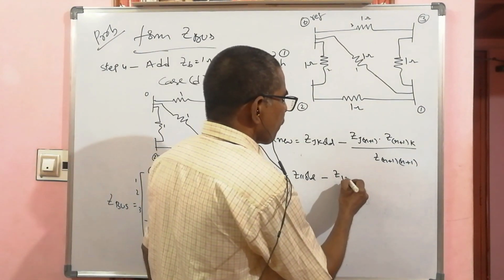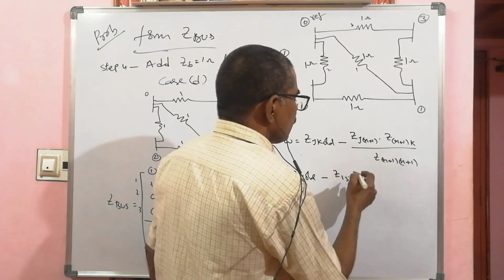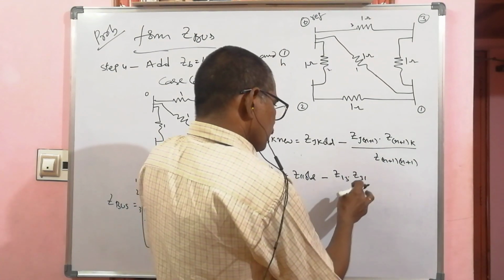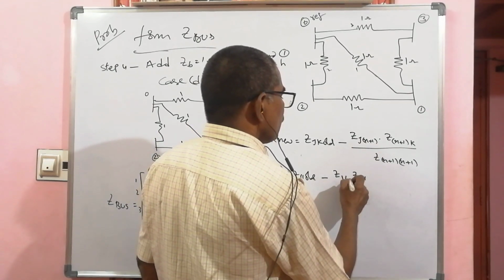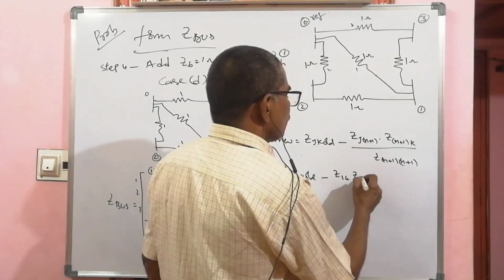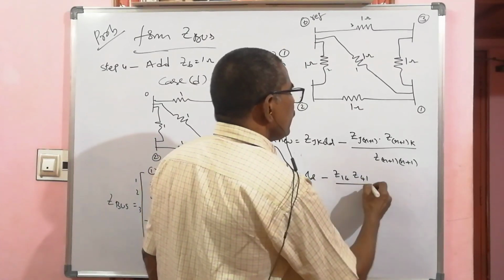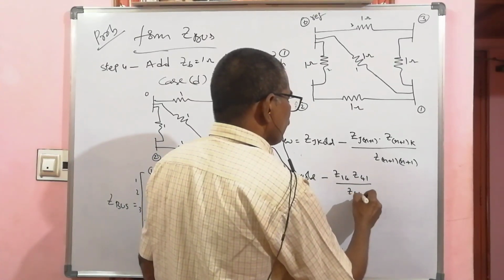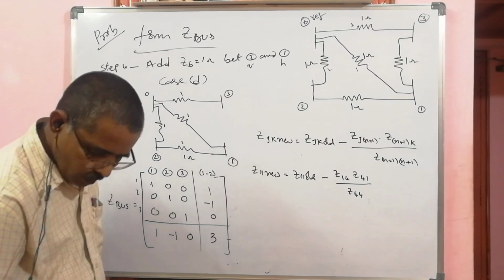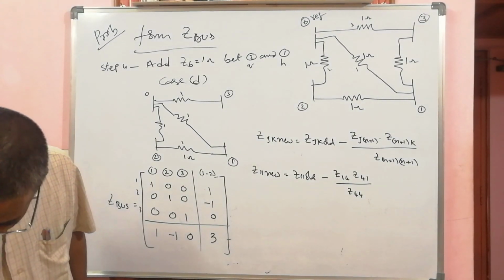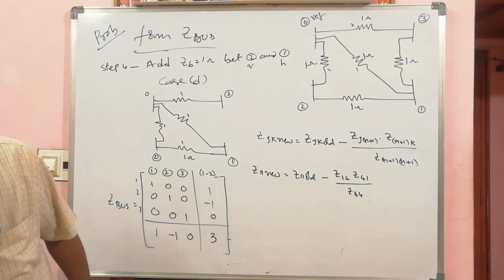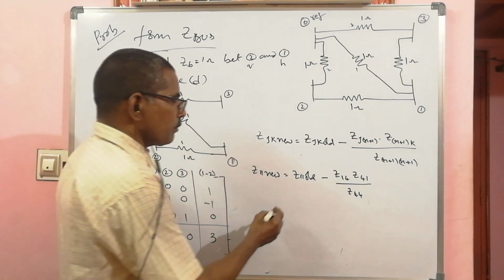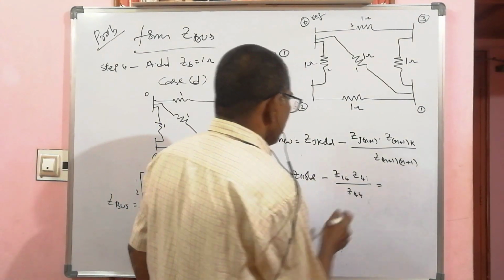Z13... n is 3, 3 plus 1, Z14, Z41 divided by Z44. Now you substitute everything and see how much you will be getting.